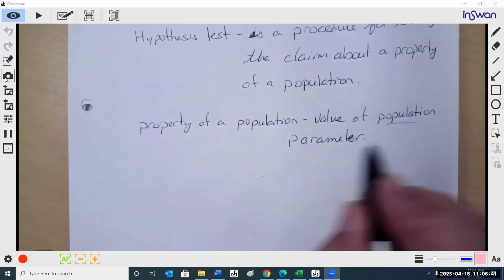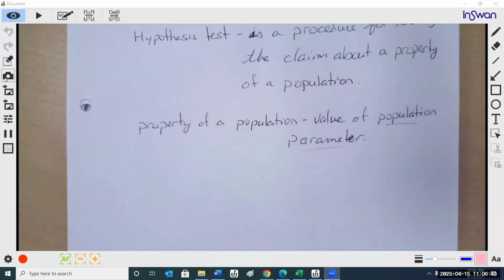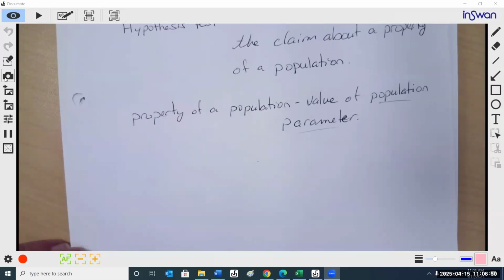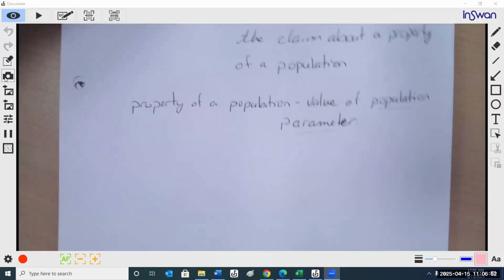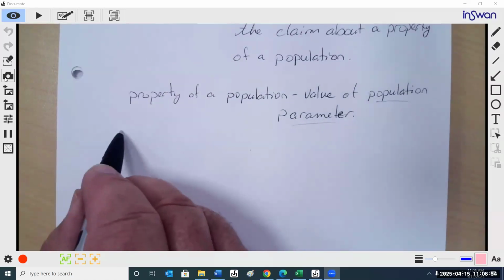Now, what are we talking about when we say population parameter? What does that mean? That's like the mean, median, mode, variance, deviation. That's one of the numbers that define it. So here's an example.